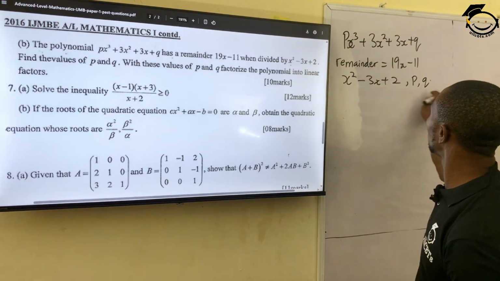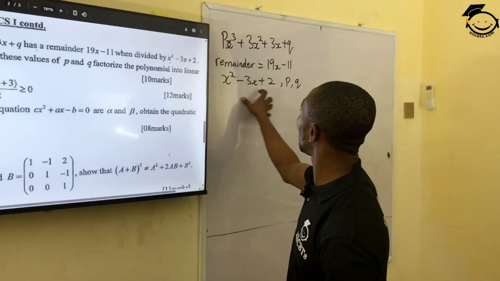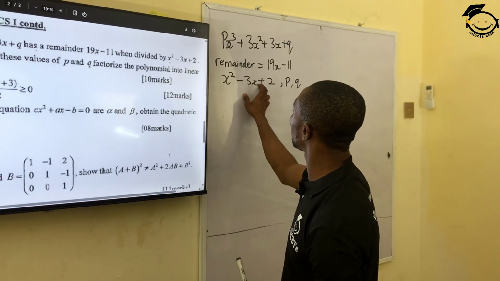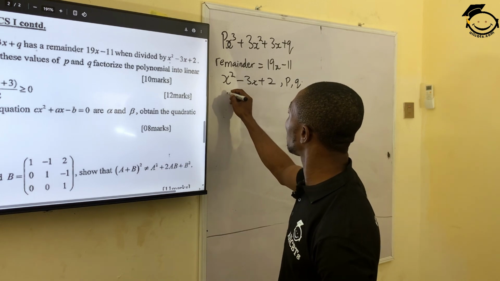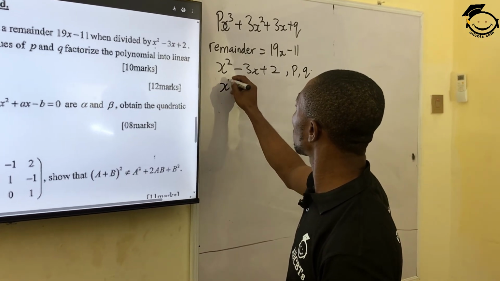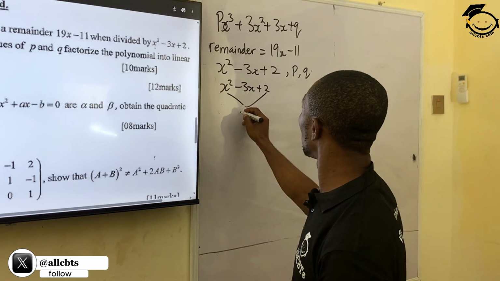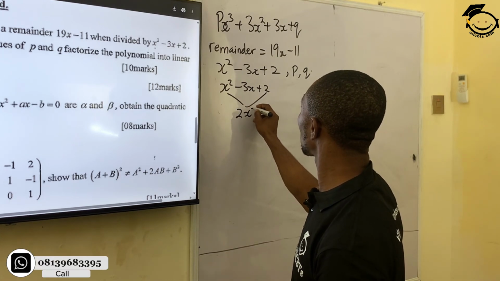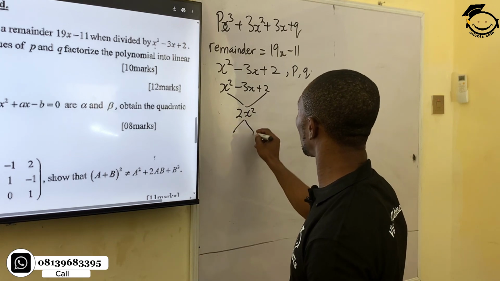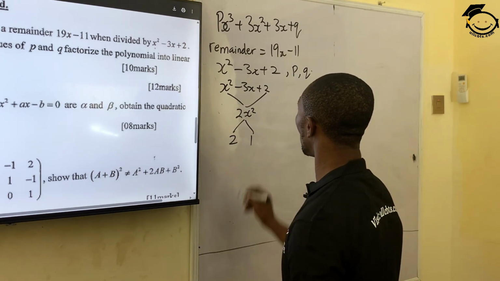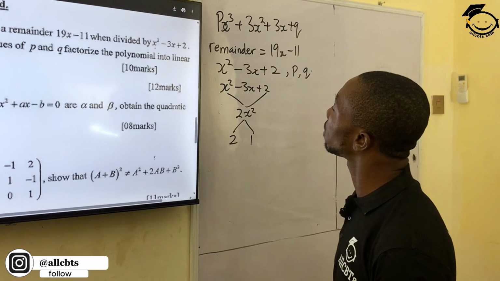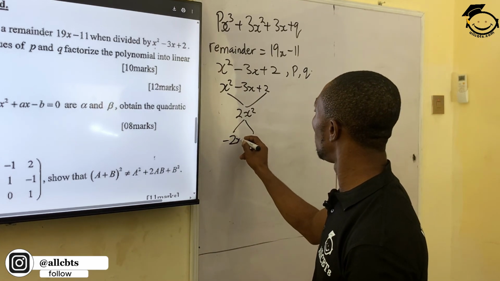Now, for us to get the values of p and q, let's factorize this to get the factors. So if we factorize x squared minus 3x plus 2, we know that the factors of 2 are 2 and 1. But since this is a negative 3, both will become negative.